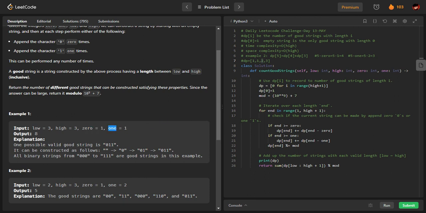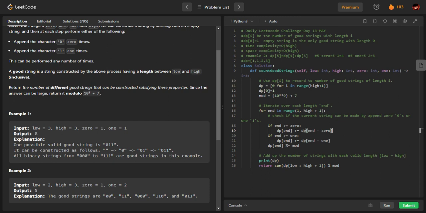So we are just going to a DP of end. For example, in case of 0, that means when we want the string to end with 0, we are doing end minus 0. This is the index. It will depend on the DP index of a subproblem, right? For example, let us say end is 5 and 0 is 2. 5 minus 2 is 3. So behind all things which are coming under DP of 3, we are going to add two zeros. And we are going to DP of 5. That is the idea of how we are doing that.